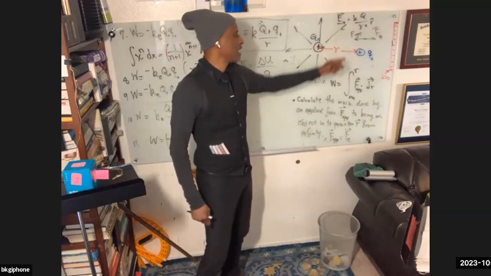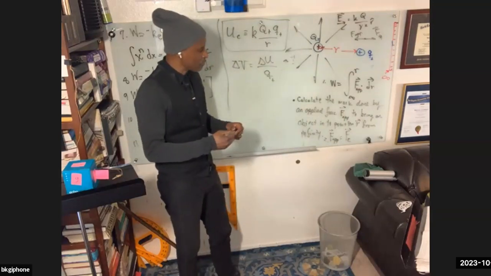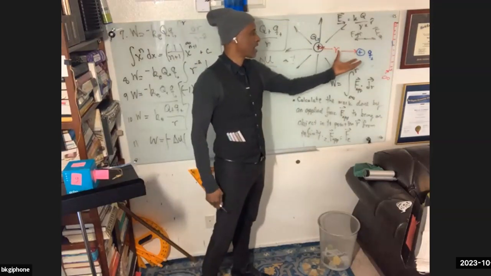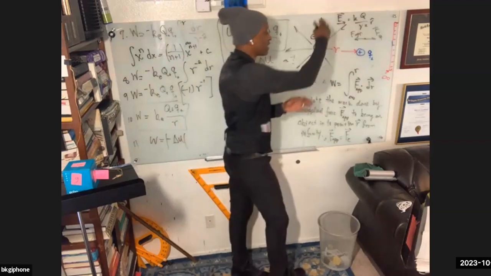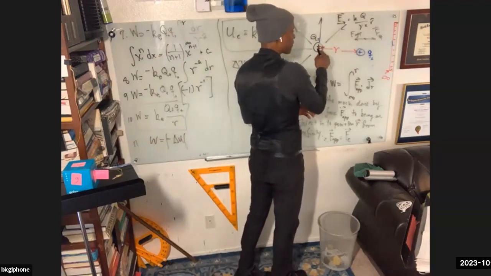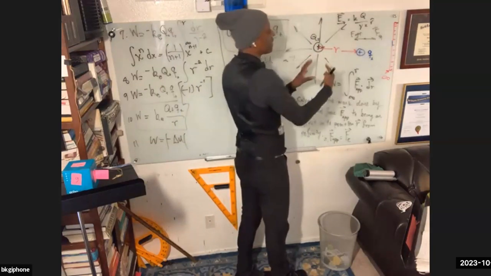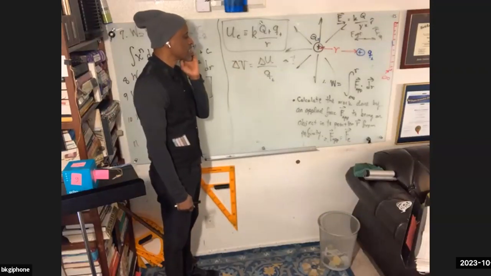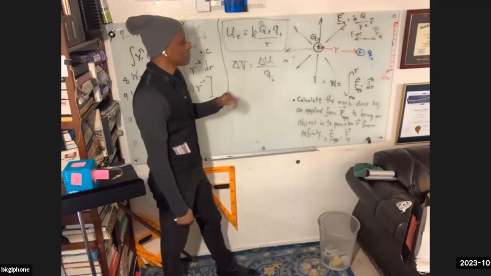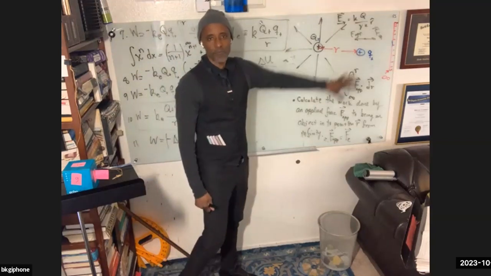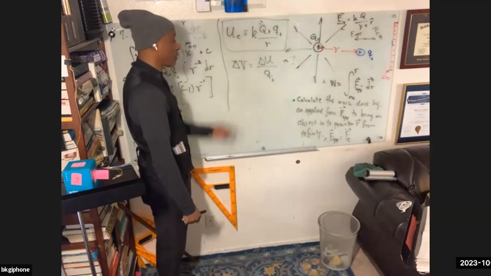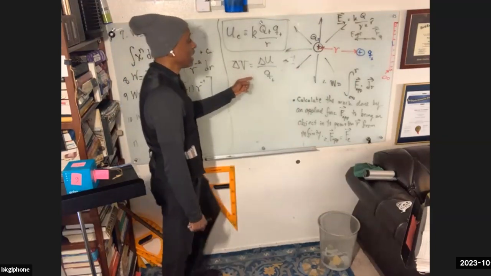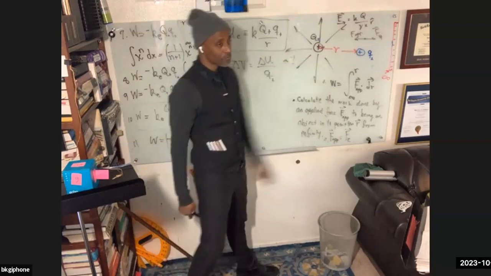We could do the same thing here, but generally we think of it as the system now, because we're so far back that we can see where the field is coming from. It's coming from this charge. So when we describe the potential energy, we say it's the potential energy of the system, which includes both charges. But we still define the potential energy in terms of the test charge.